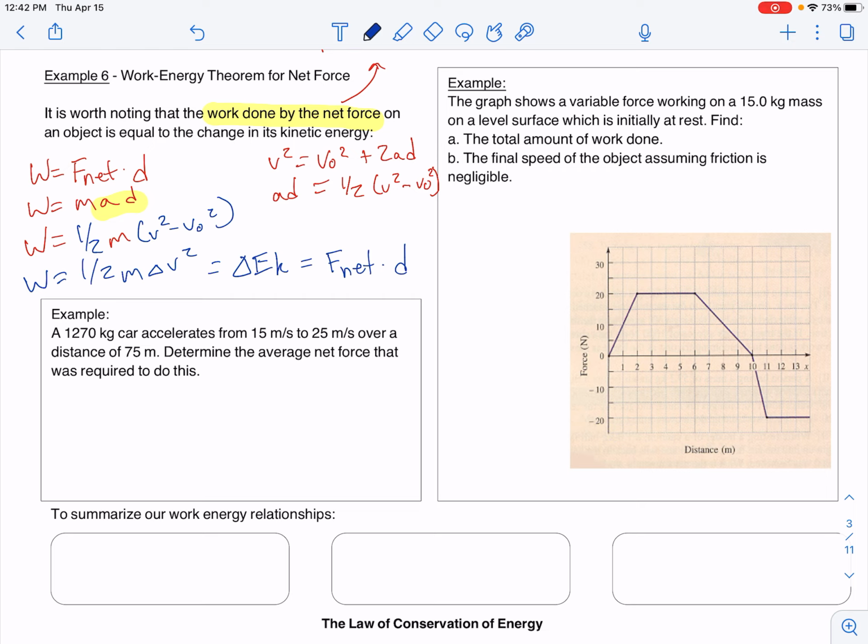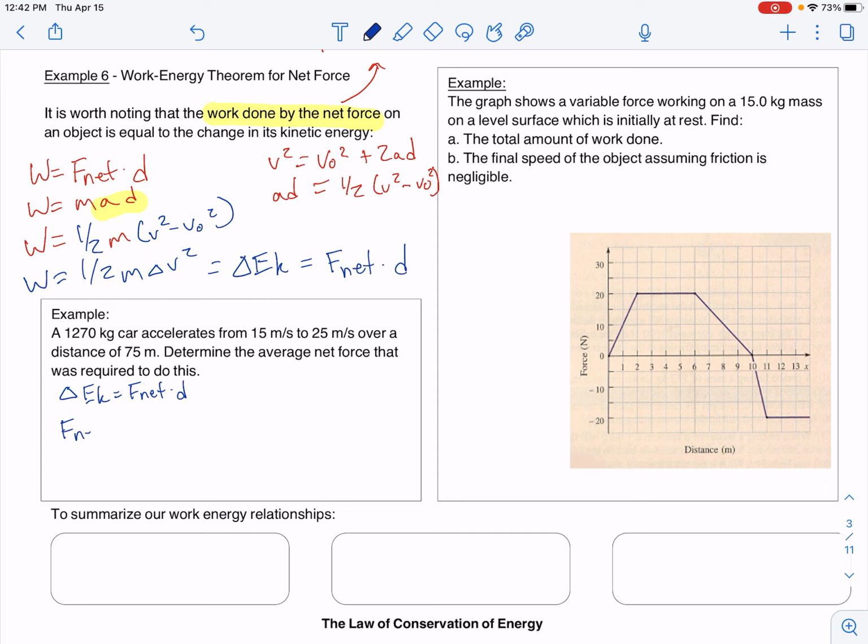All right, we just apply a new formula here. We know that our change in kinetic energy is equal to our net force times displacement.